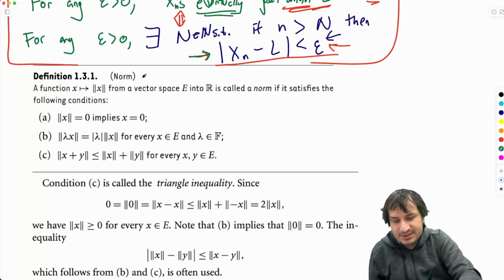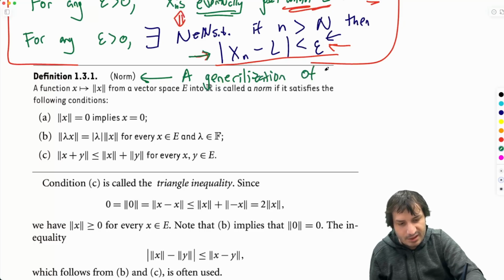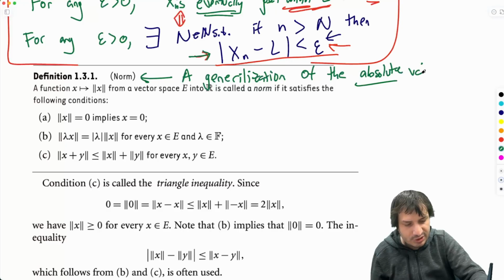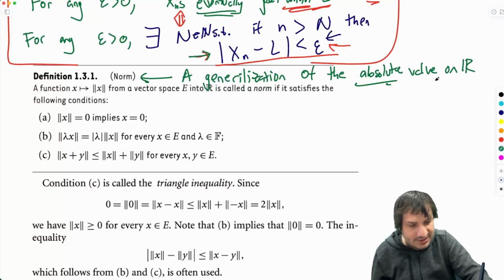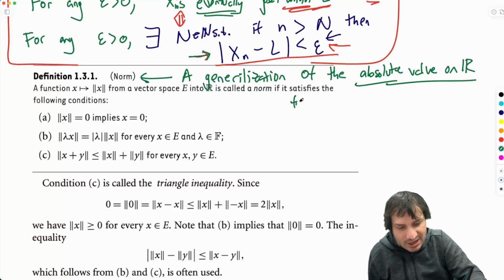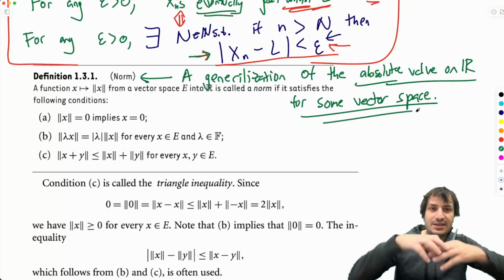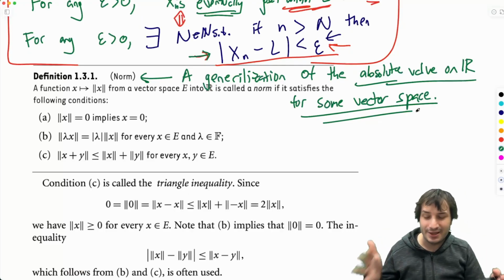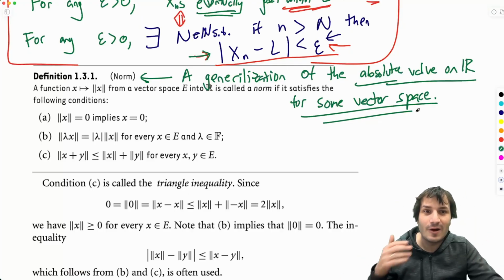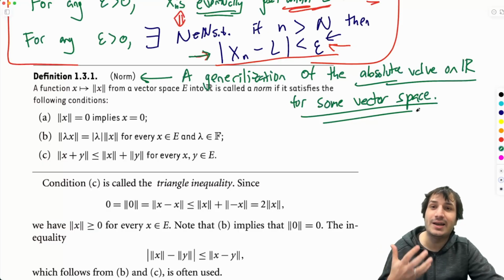The norm is a generalization of the absolute value function on R, working on some vector space instead. Once you define a norm on your vector space, you can do anything you would do with the absolute value function.